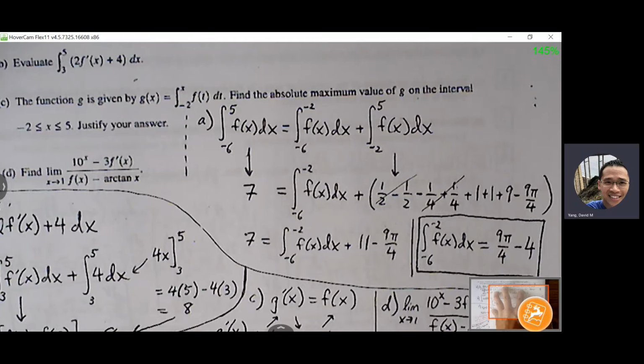And then the last two parts are the remaining triangle, square, and then the square minus the quarter circle. So everything is accounted for. The only thing that's left standing is the missing integral value that I'm looking for. So I can just get that by itself, subtract the 11 and add the 9/4 pi, and I get 9/4 pi minus 4.